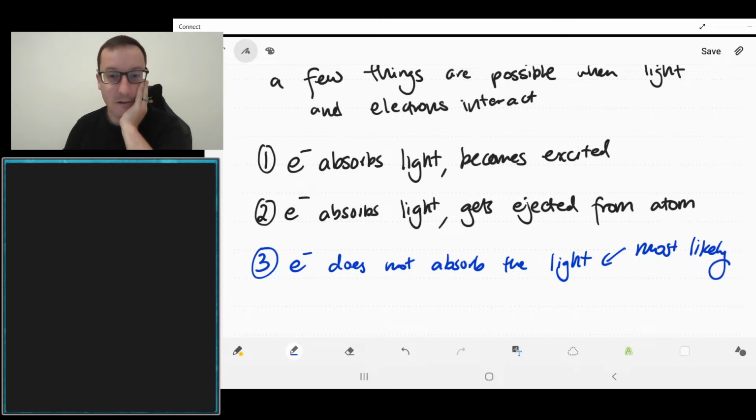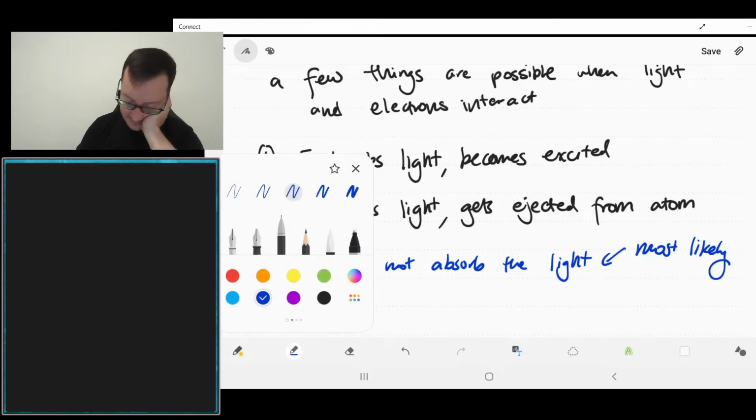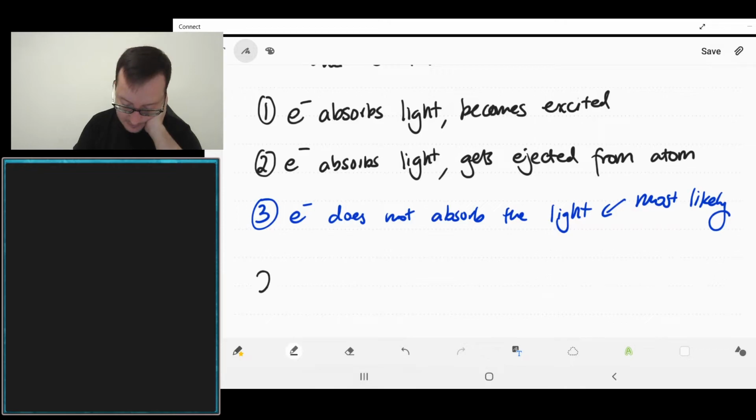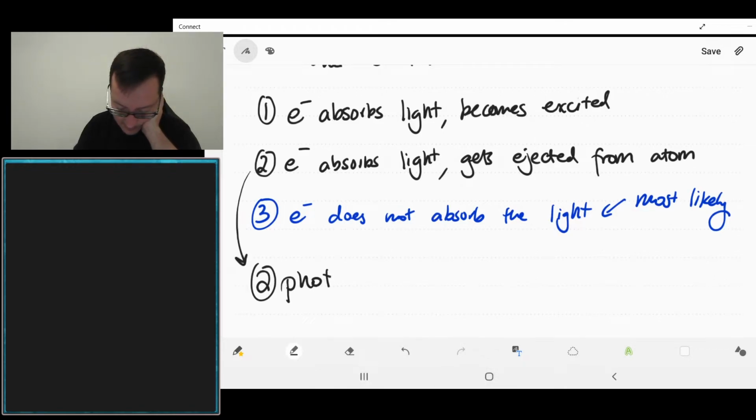But the other two options are possible. We're going to talk about number two first. So, light causing electrons to get ejected. We're going to see that this is something called the photoelectric effect.